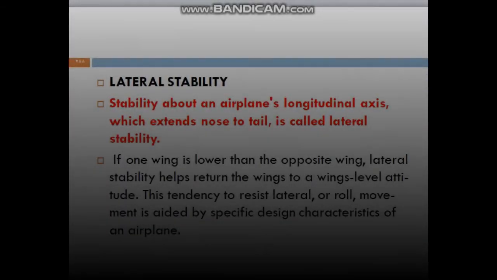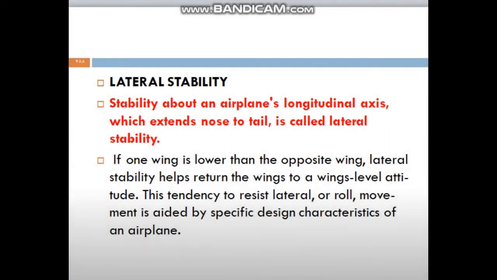Lateral stability. The second stability in accordance with the aircraft axes. Stability about an airplane's longitudinal axis, which runs nose to tail, is called lateral stability.